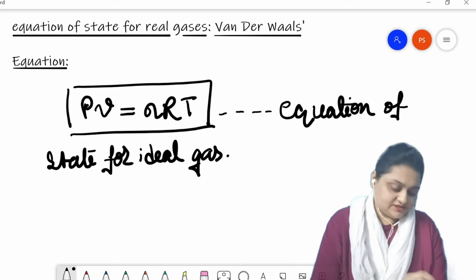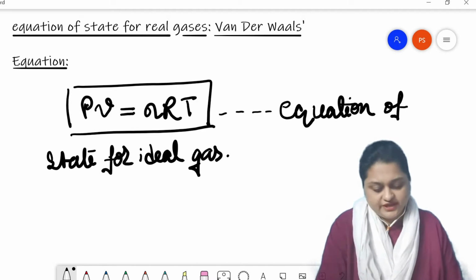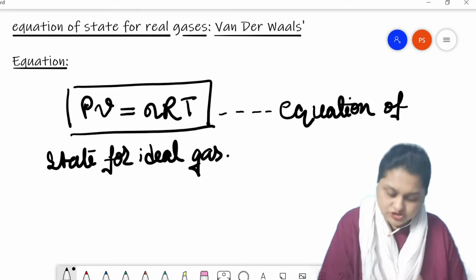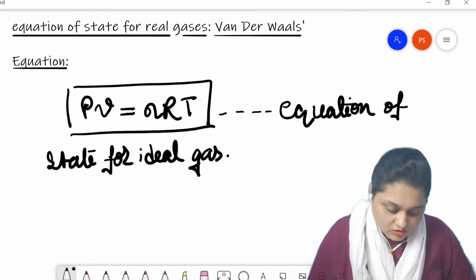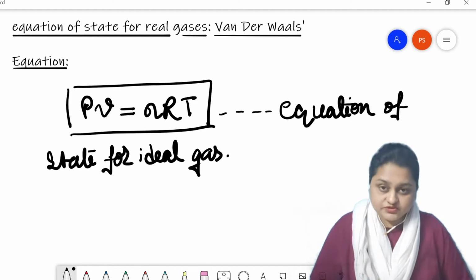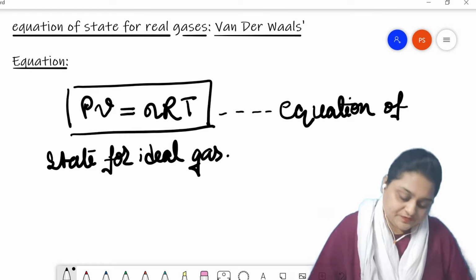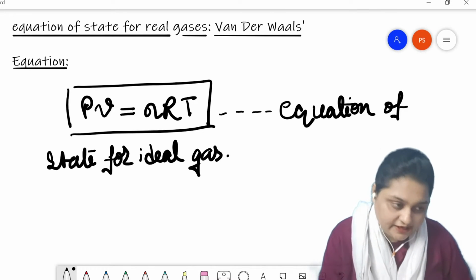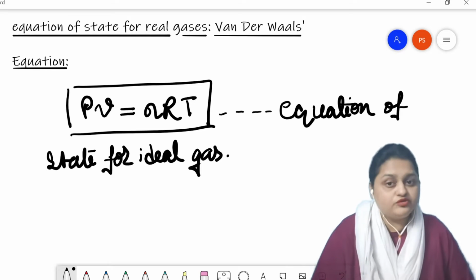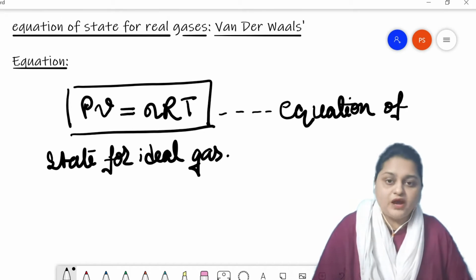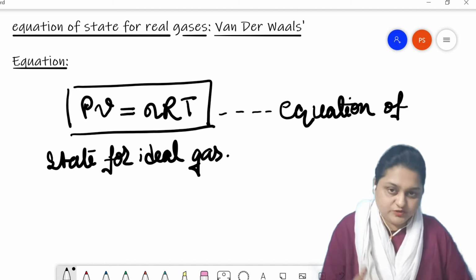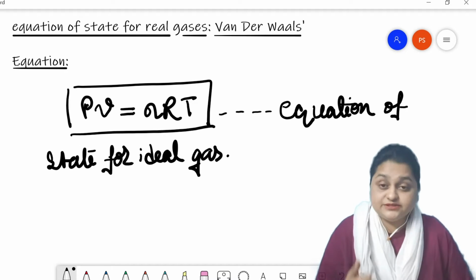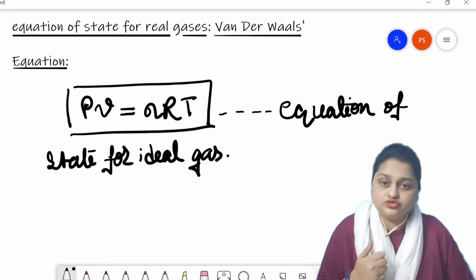Now, this equation of state, or the gas laws, was derived on the basis of the kinetic theory of gas. In the kinetic theory of gas, an assumption was made that the intermolecular forces of attraction and repulsion between the constituent molecules of gas do not exist.